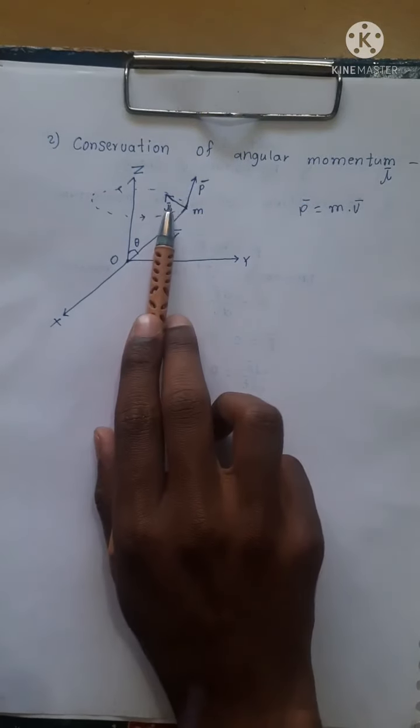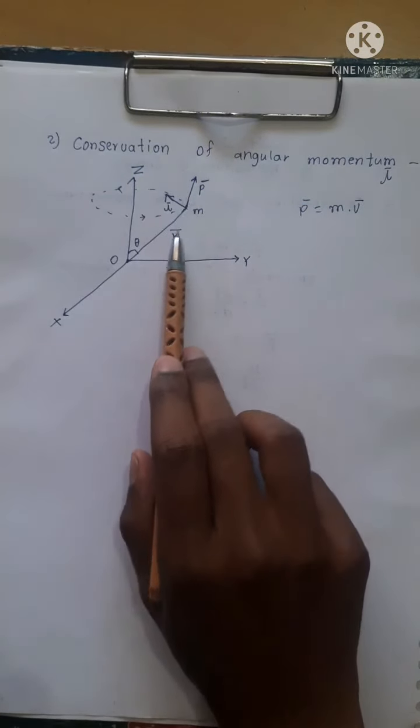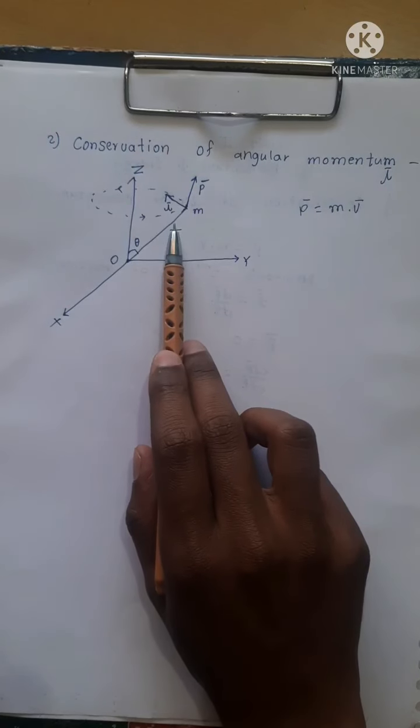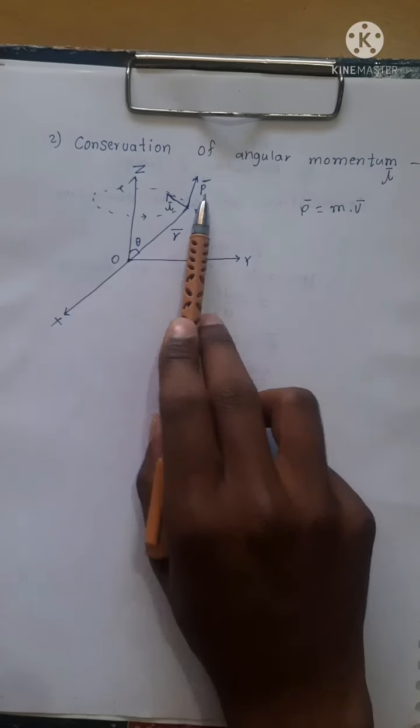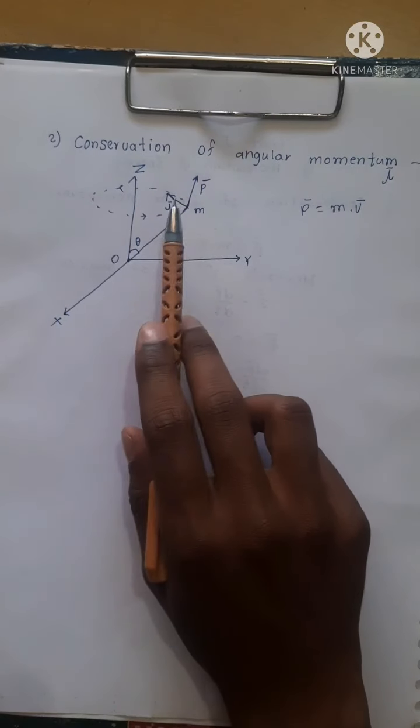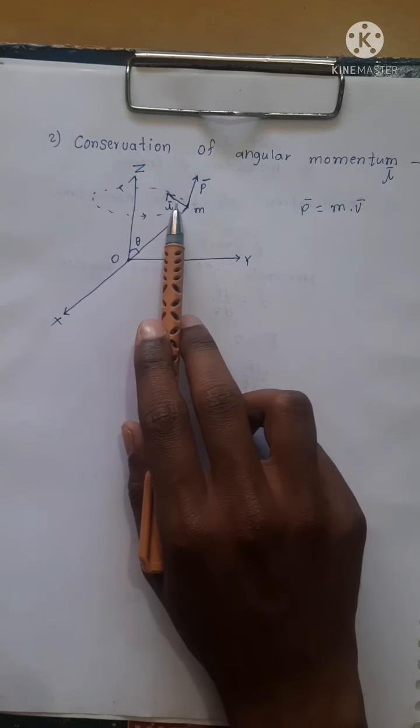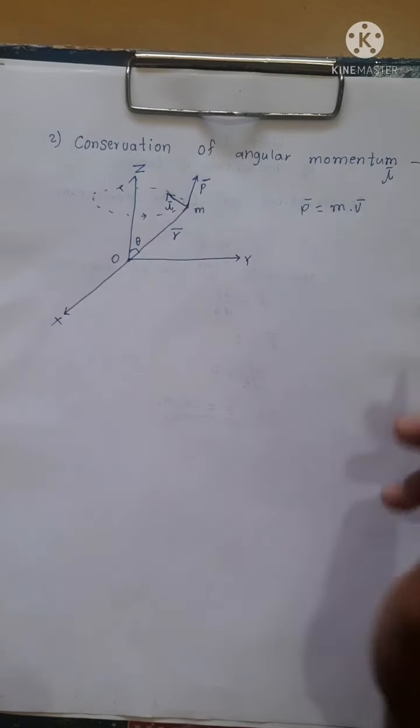And this is L bar, which is perpendicular to both of them, that is the position vector and the linear momentum vector.